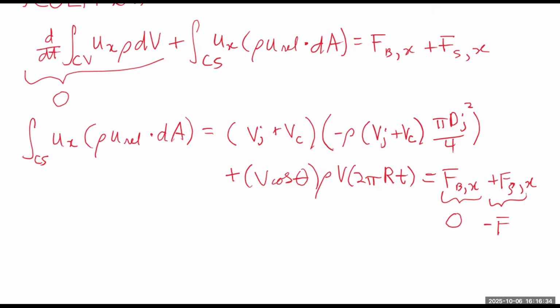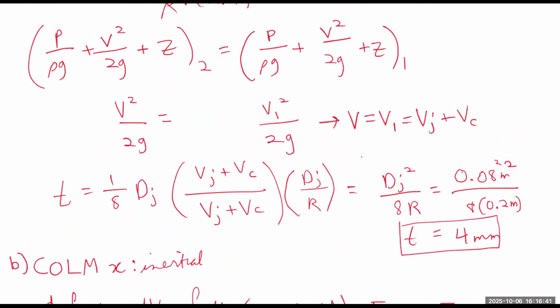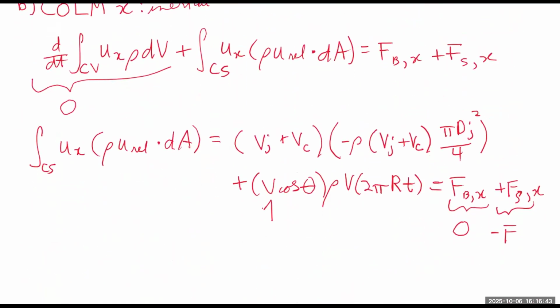Substitute what we found for V. So V is equal to Vj plus Vc. We're going to substitute that in for V and also simplify the equation a little bit.